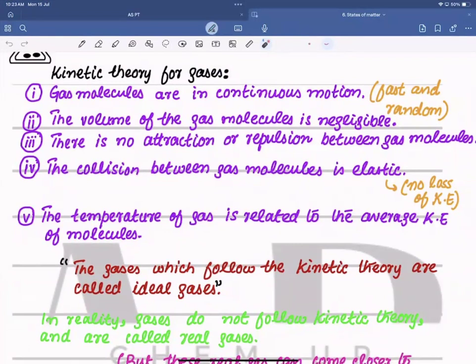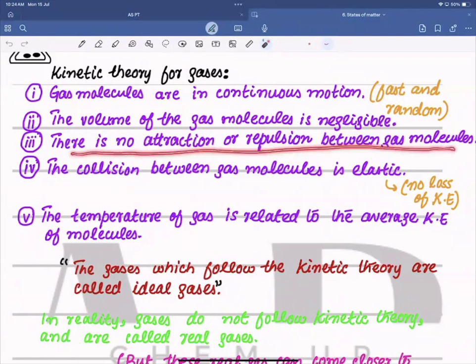This theory says that the gas molecules are in continuous motion. They are moving fast and randomly. The second thing this theory states is that the volume of the gas molecules is negligible, which means their volume is zero. Third, there is no attraction or repulsion between the gas molecules.